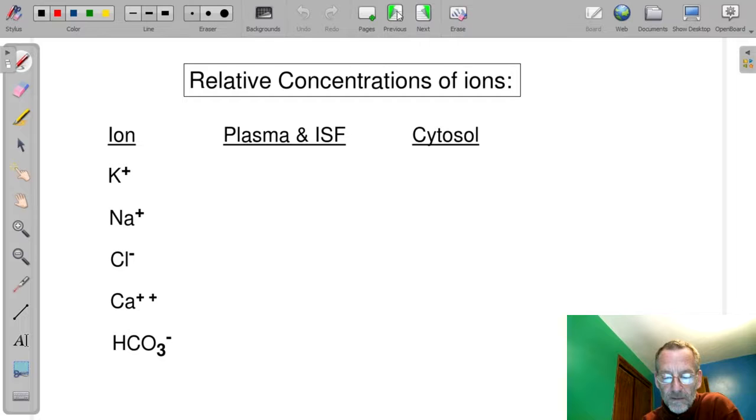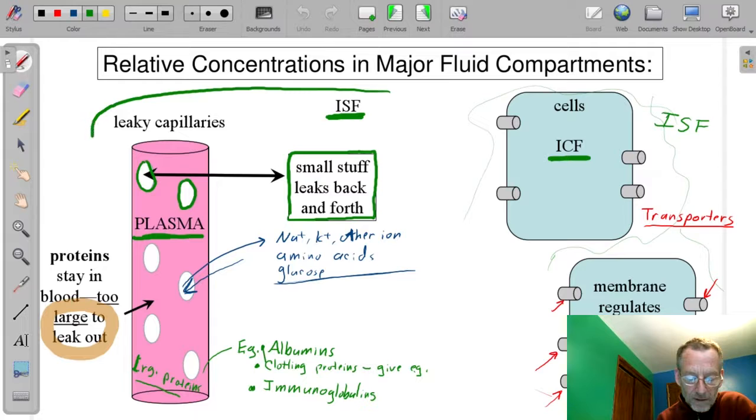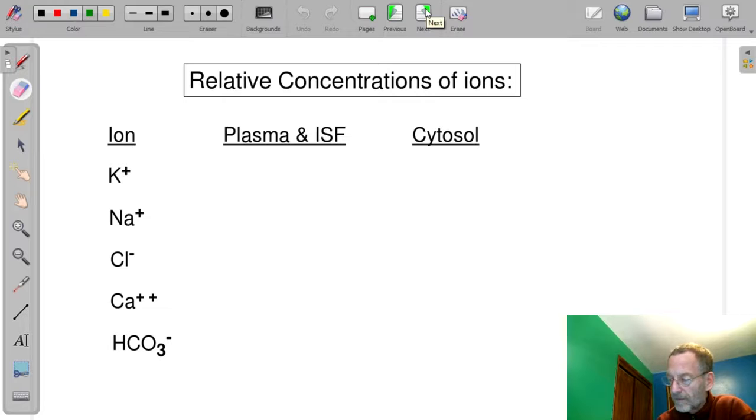So let me back up just a second to the previous slide. This is what we're talking about. These two. Well, actually the plasma and the ISF. Since they go to equilibrium. Okay, so potassium is high.